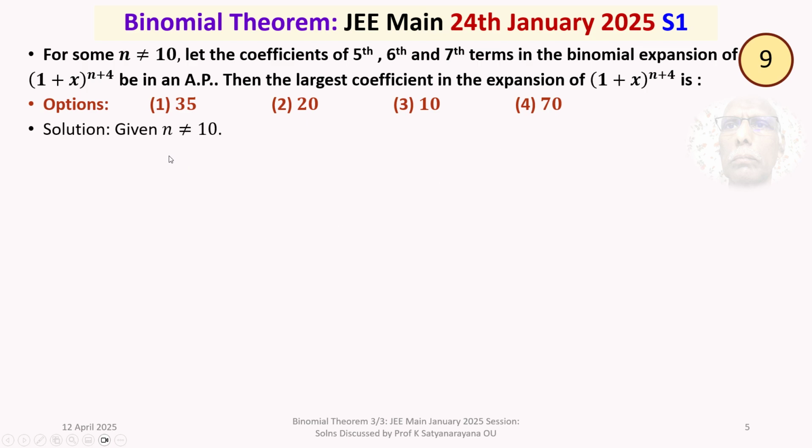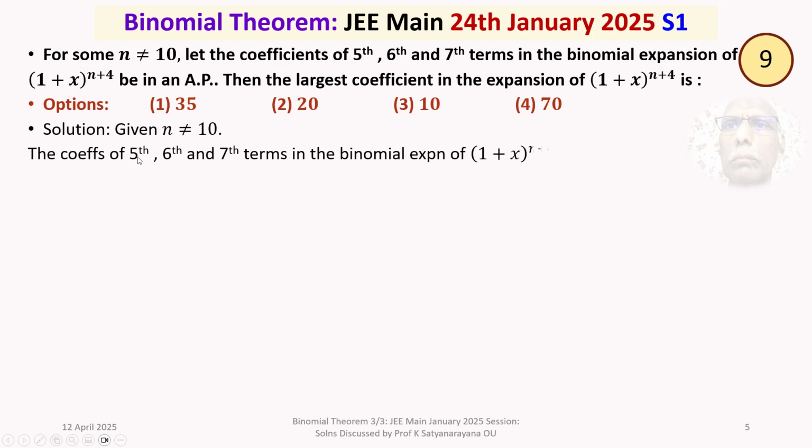We are given n not equal to 10. The coefficients of the 5th, 6th and the 7th terms in the binomial expansion of (1 + x)^(n+4) are, it is (n+4)C4. 5th means 4 plus 1, term r plus 1, r is 4.